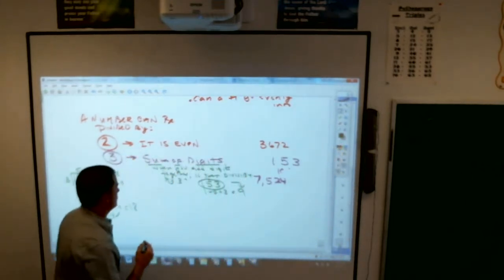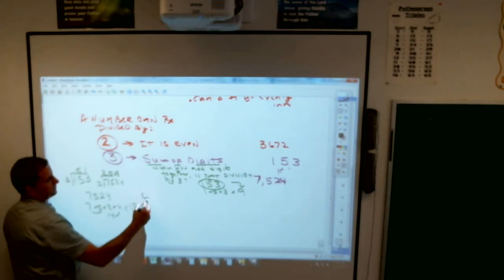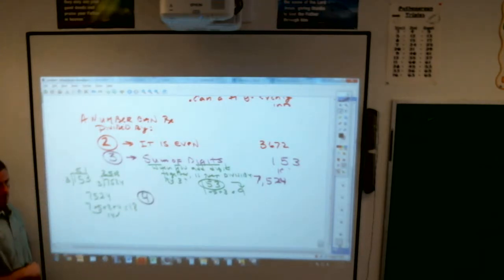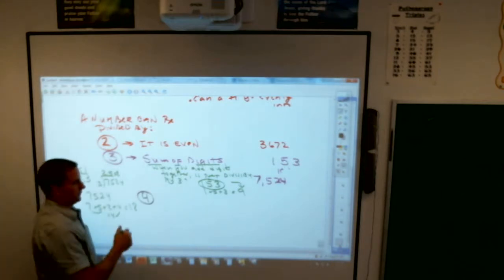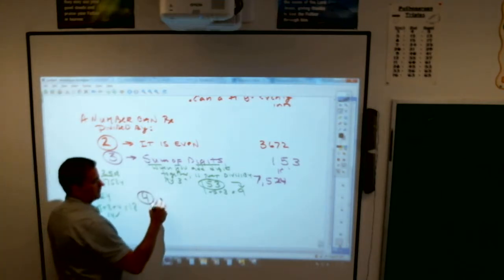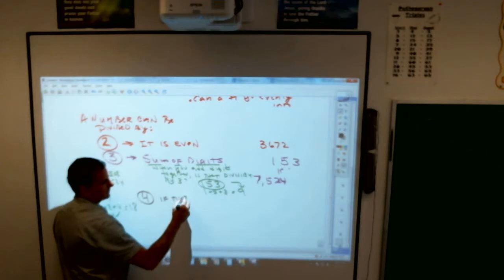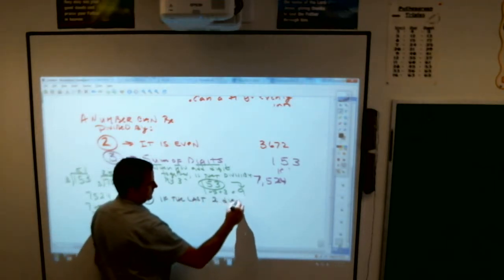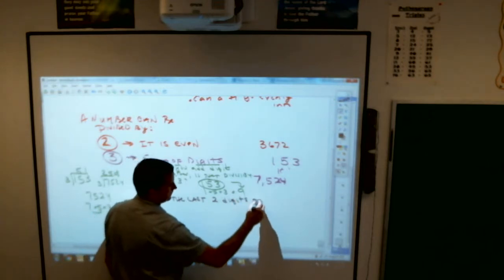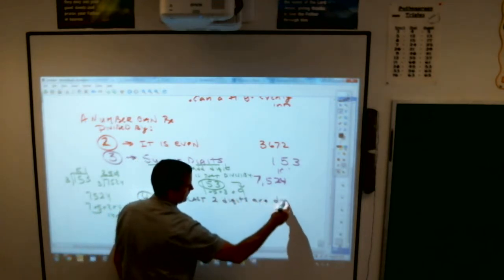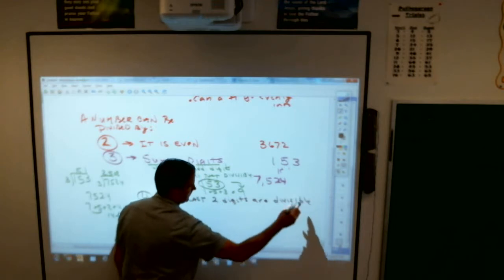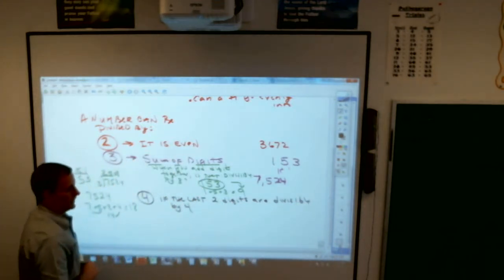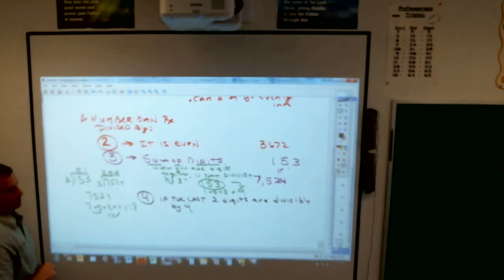How do you know if 4 goes into a number? The rule of divisibility by 4 is simply if the last 2 digits are divisible by 4.